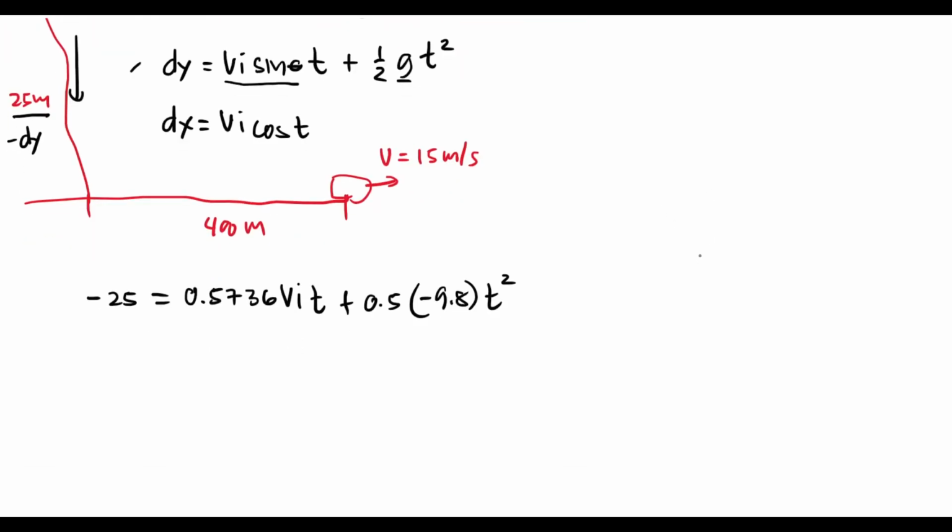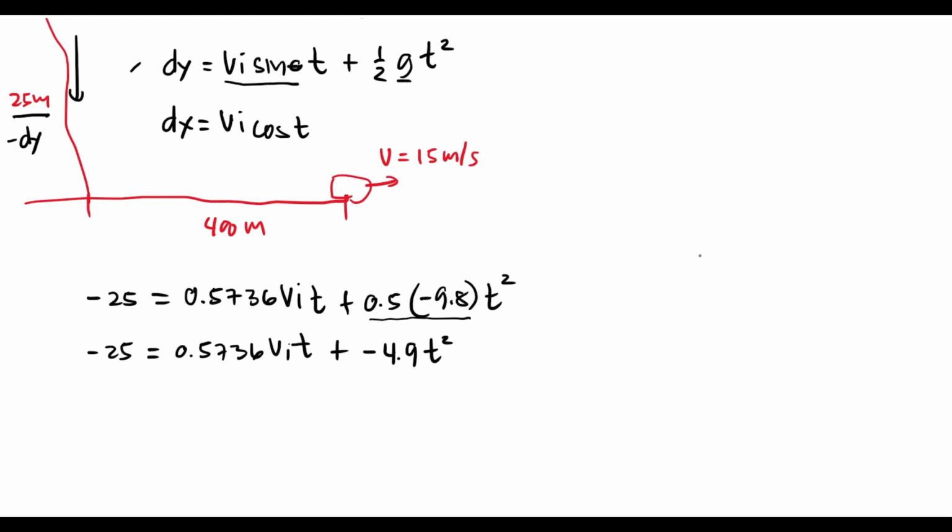Then to simplify, this becomes negative 25 equals 0.5736 times the initial velocity times the time, plus 0.5 times negative 9.8, which is negative 4.9, times the time squared.